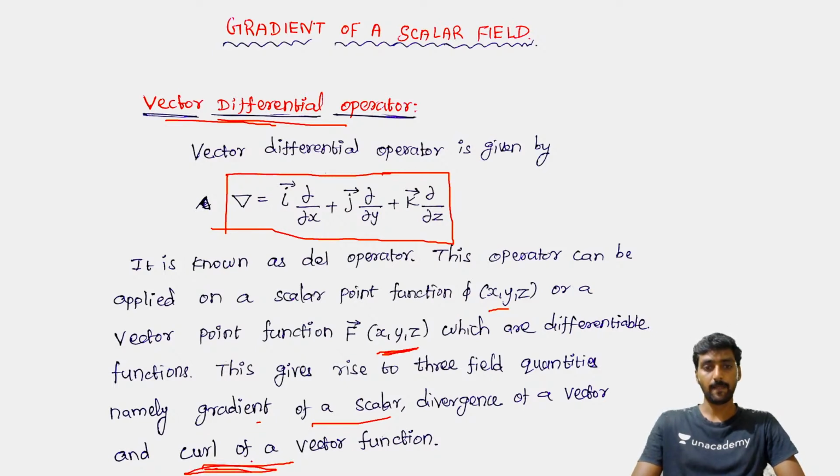While applying the del operator to a scalar, we get the gradient of the scalar. While applying the same del operator to a vector function, we get divergence as well as curl, by dot and cross product. First one, gradient.